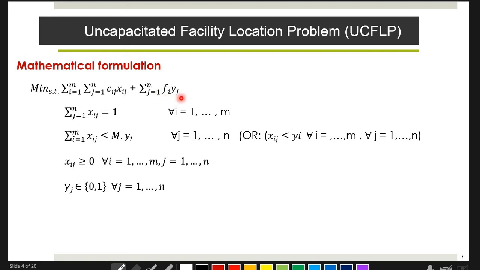Fj times Yj, this is the fixed cost. If a facility is opened, then Yj becomes 1, so you include this setup cost. If Yj is 0, then there is no setup cost.